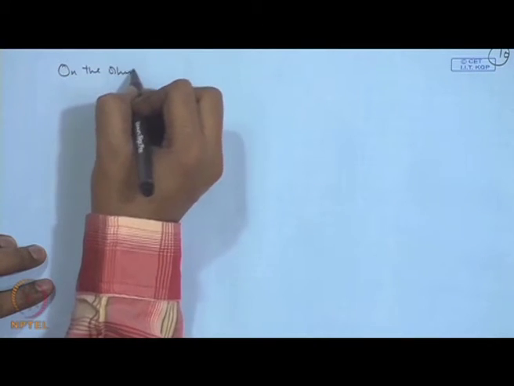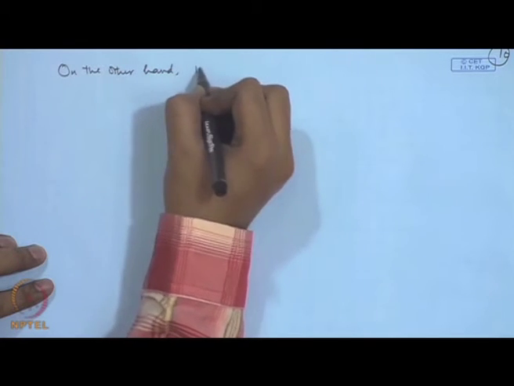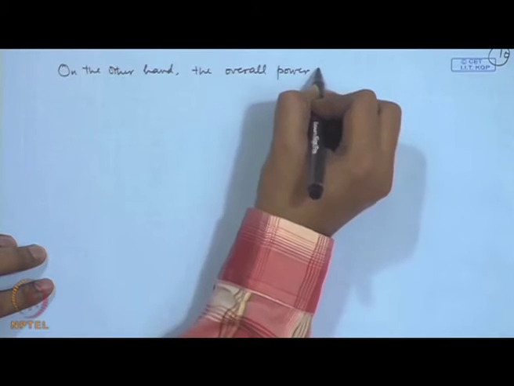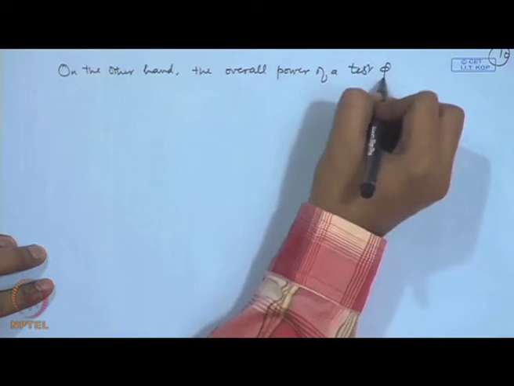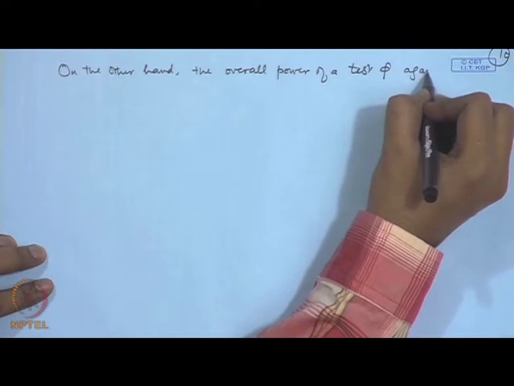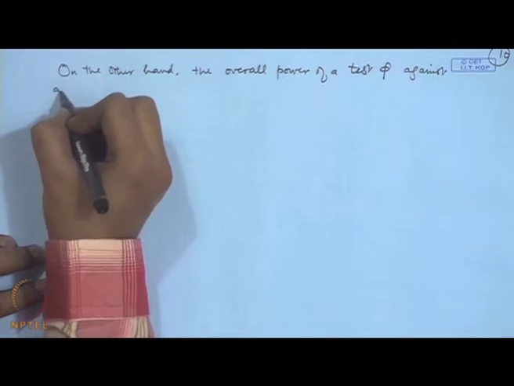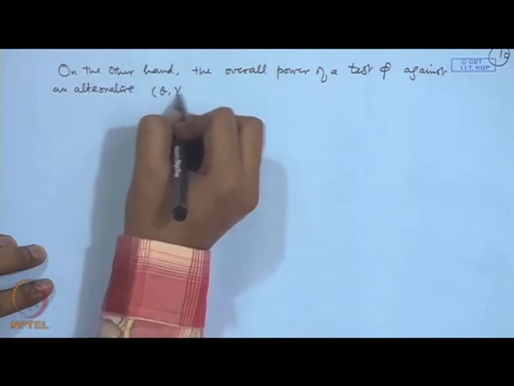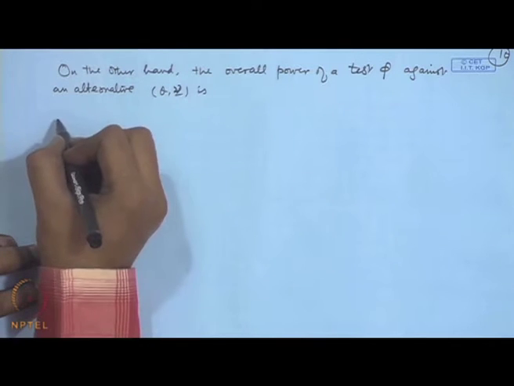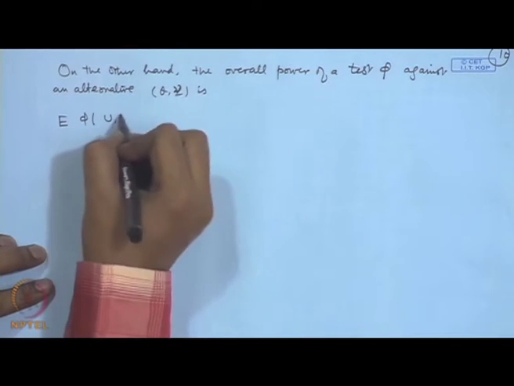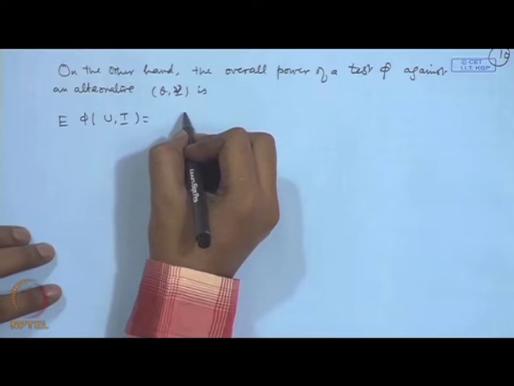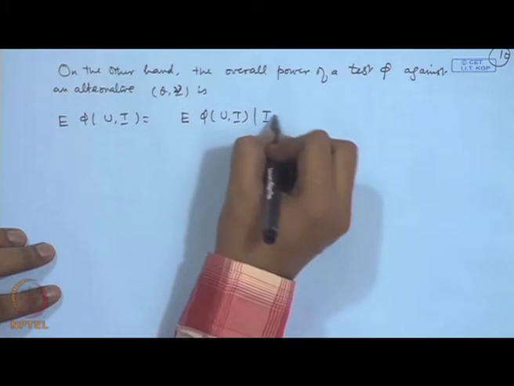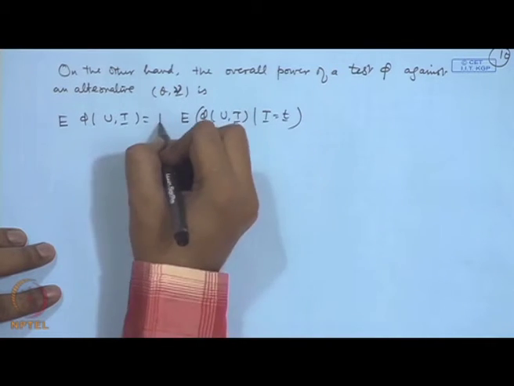On the other hand, the overall power of a test phi against an alternative theta nu is expectation of phi(U), that is equal to expectation of expectation of phi(U) given T equal to t.